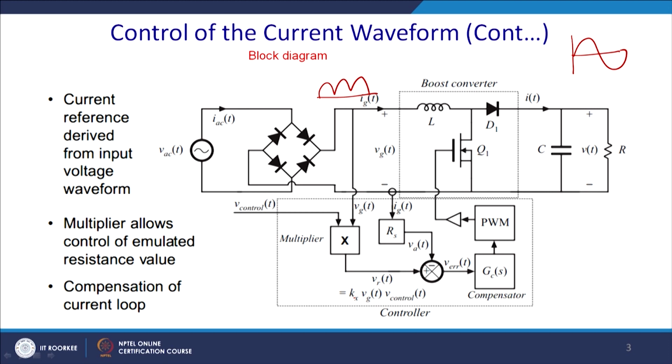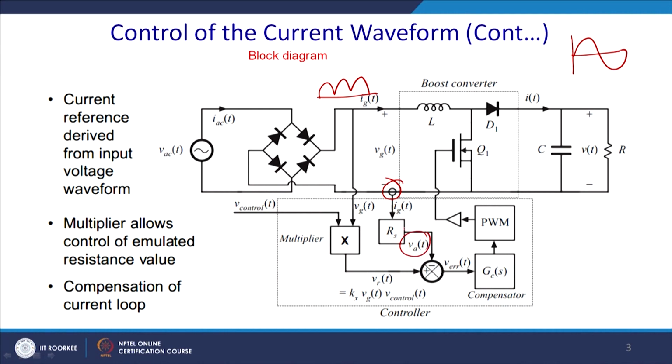Thereafter, in most cases you will sense this current, and ultimately you will convert it into a voltage by multiplying with the effective value of the resistor, but here in this case an op amp will give you the gain, and ultimately you get a VA.